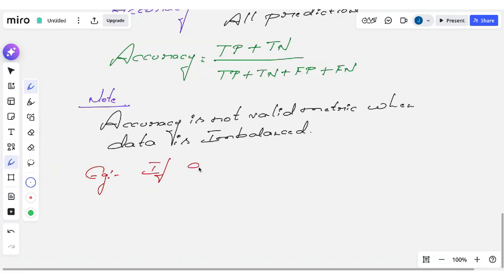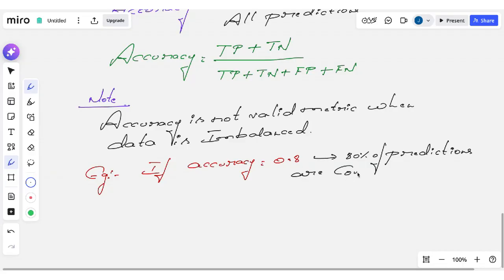On evaluating your model, if accuracy equals 0.8, you could say that 80% of the predictions are correct. This is how accuracy will work.